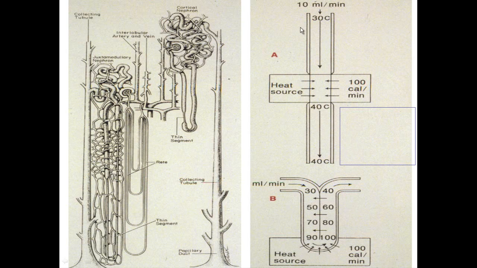So this is characteristic of the cortical nephron, and this is the juxtamedullary nephron, where in the case of a nephron, this is not heat, this would be osmolality increasing, salt concentration increasing as you go down, and that allows it to create a gradient down in through a high concentration of salt.